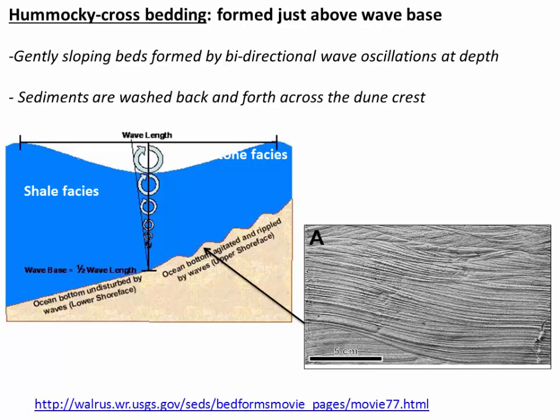And so importantly, these form just above the wave base. So whereas cross bedding might form in really shallow water, this hummocky cross bedding forms in much deeper water and can usually be interpreted as being near wave base or just above it.